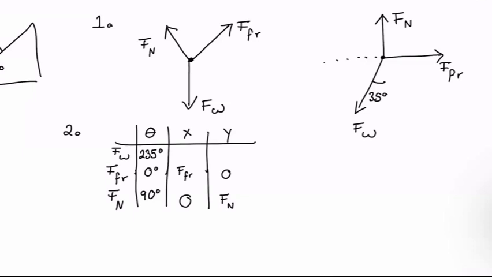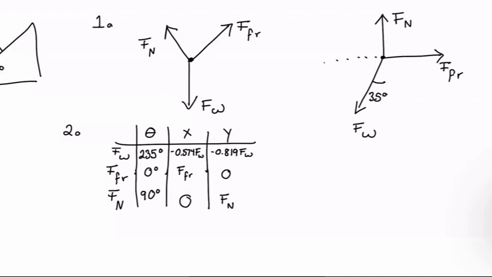So cosine of 235 would get me a negative 0.574 times my force of weight. Remember to add that. We're still multiplying times the magnitude. Then I'm going to do sine of 235, and I have a negative 0.819 force of weight.